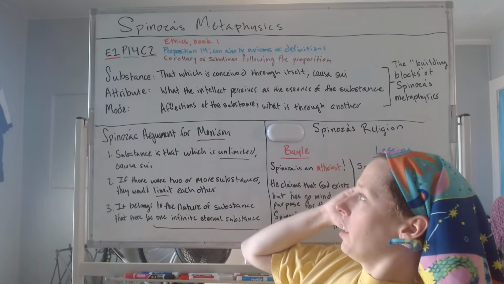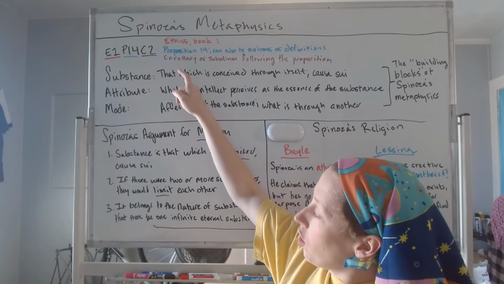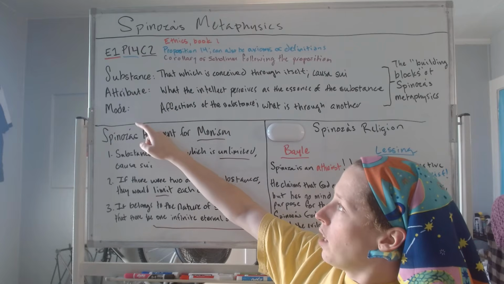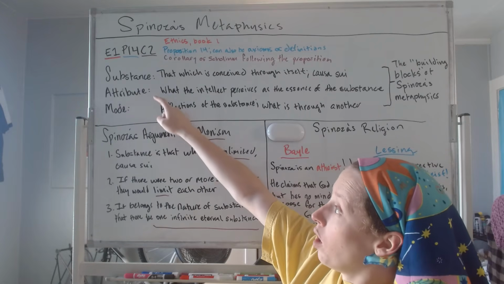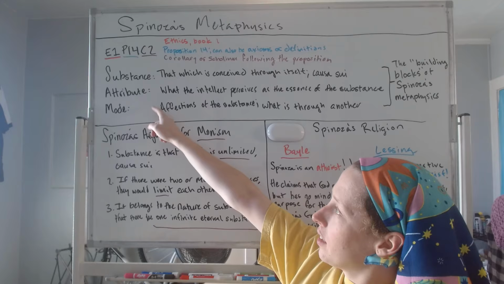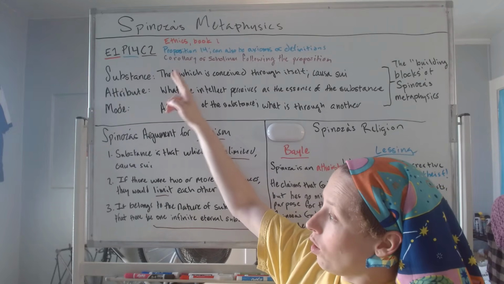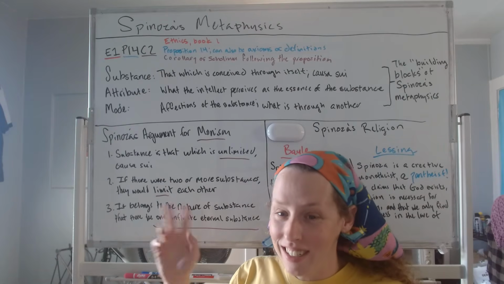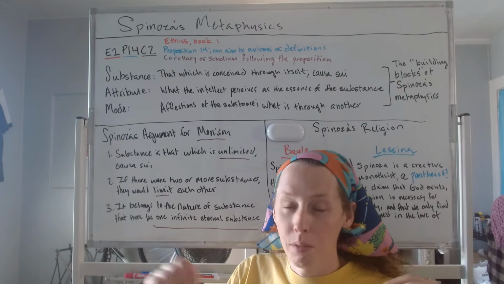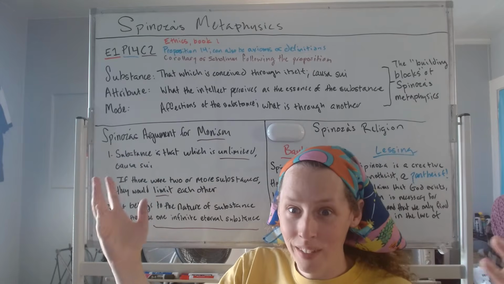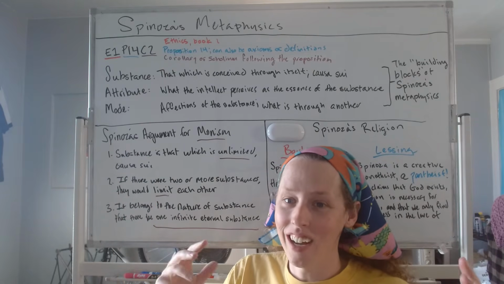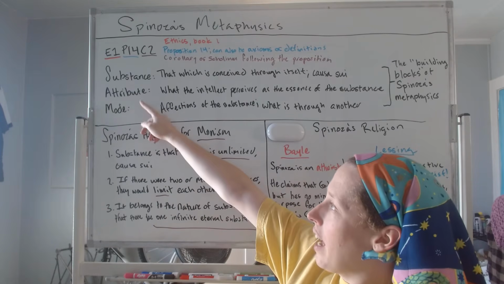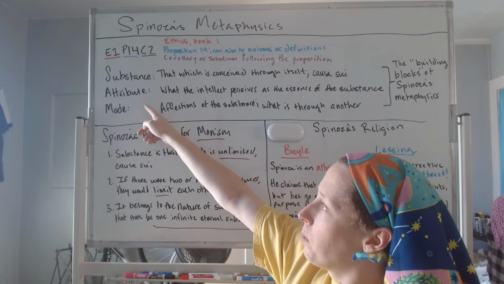So Spinoza is going to say that you can know from the nature of substance, from the nature of attributes, from the nature of modes, that there has to be one and only one substance, that there are two and only two attributes. You can put an asterisk here and say, actually, Spinoza says there are an infinite number of attributes, but we only know two of them, namely extension and thought, right?